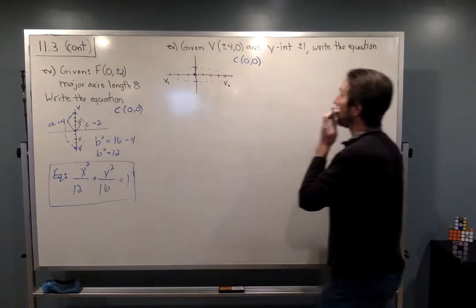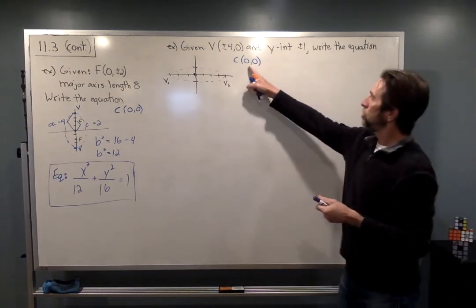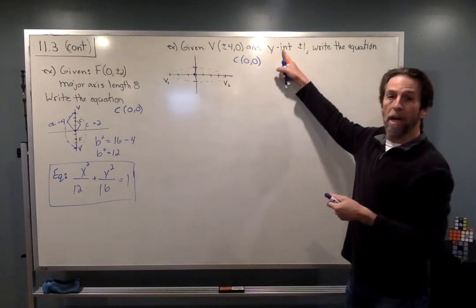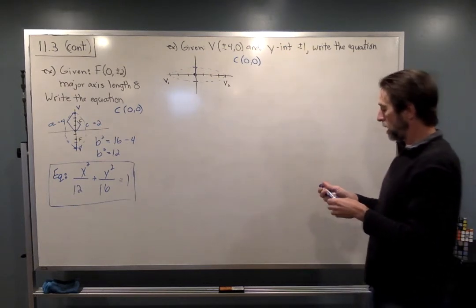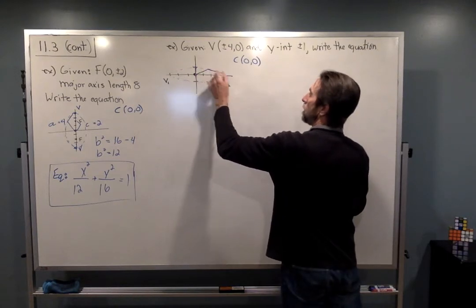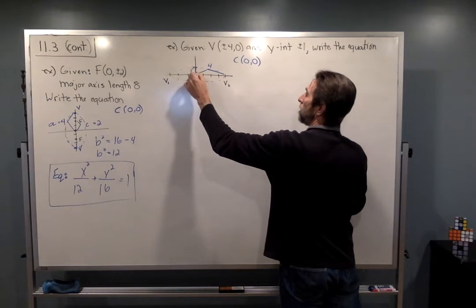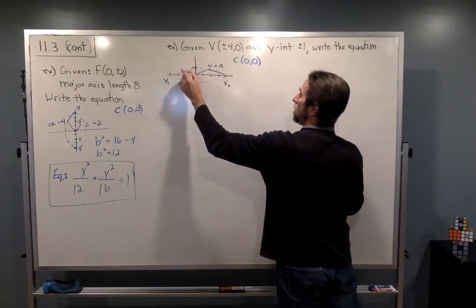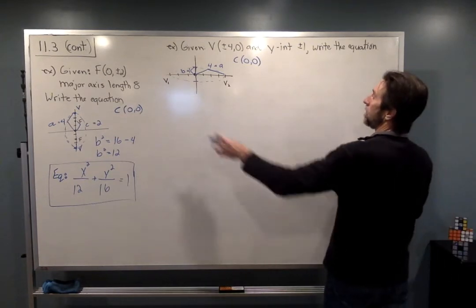Now, if this was offset, the intercepts would not have that relationship to the center. But what this tells me is that A is going to be 4, and B is going to be 1. That's really all I need to write the equation.